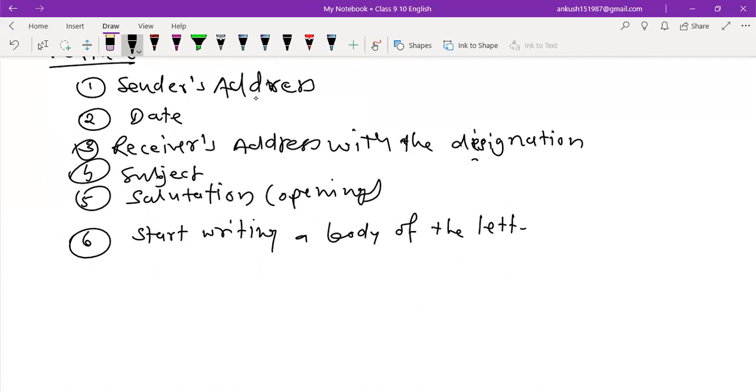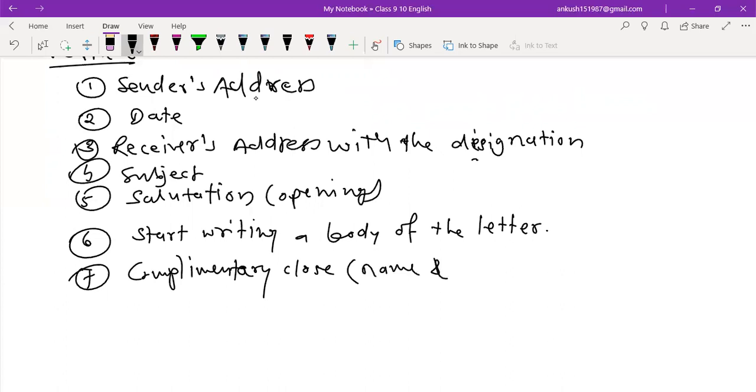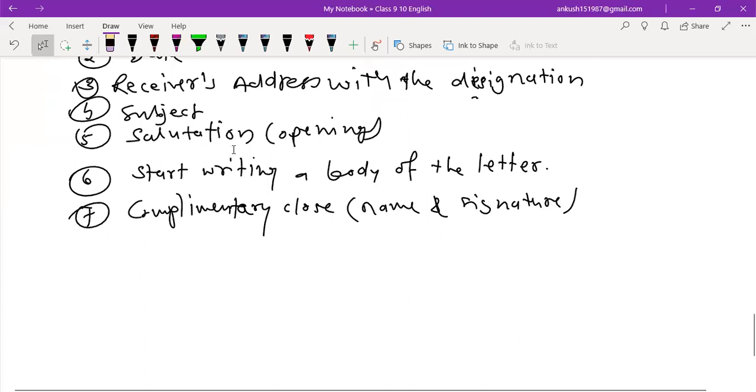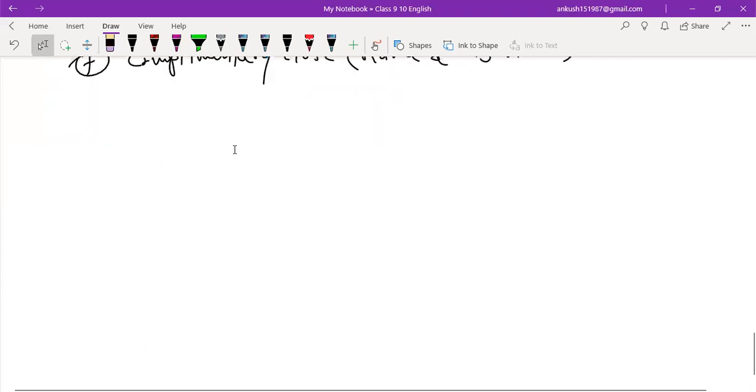The seventh point is the complimentary close. It means what should be added over there: your name and the signature, sincerely. This is a very familiar format of the letter that I told you already.